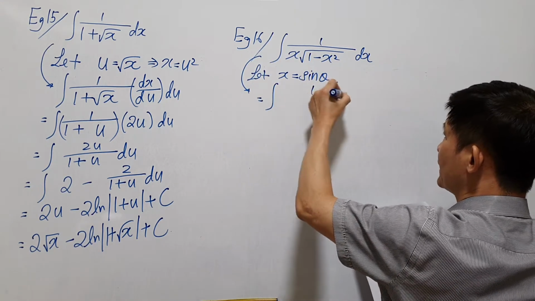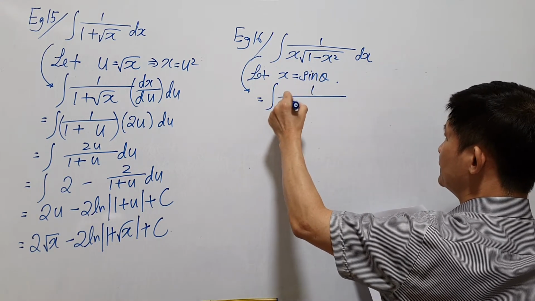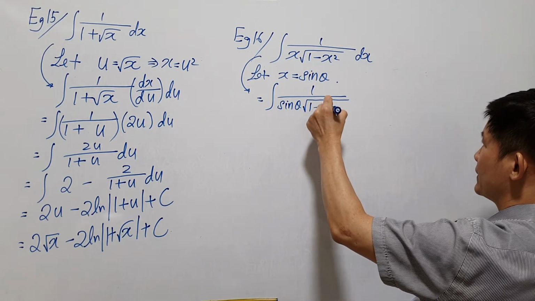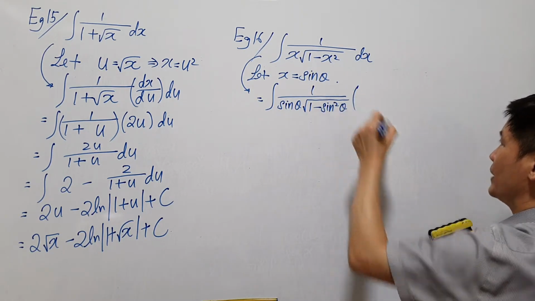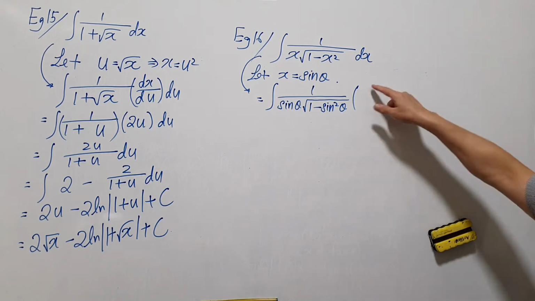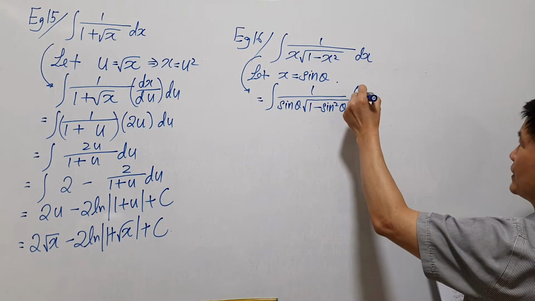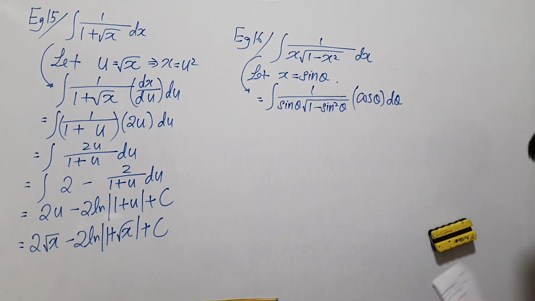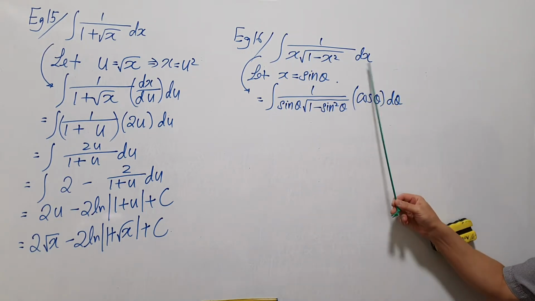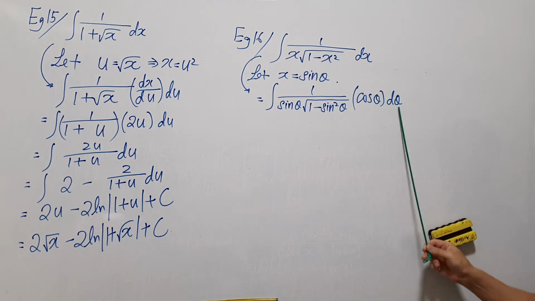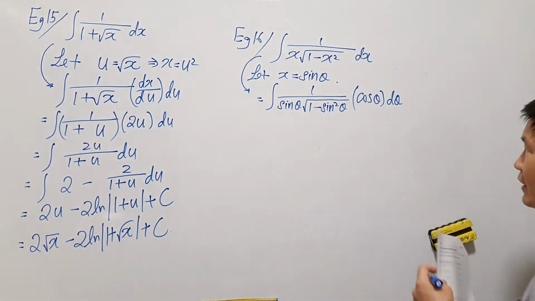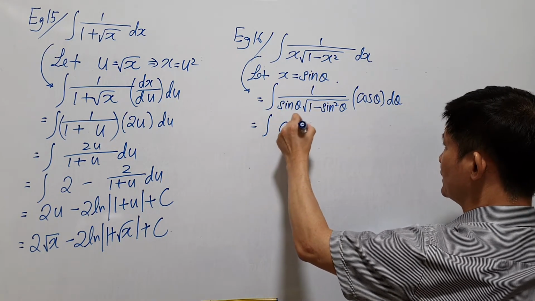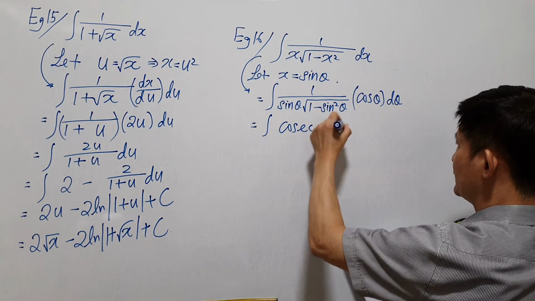In place of x, I put sine theta, and this gives me 1 minus sine squared. In place of dx is dx d theta. In this case, it's cos theta, and then d theta. So bear in mind, I have replaced my dx as dx d theta. Upon cancellation and tidying up, it is left with cosecant theta d theta.